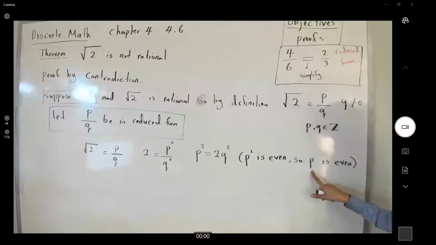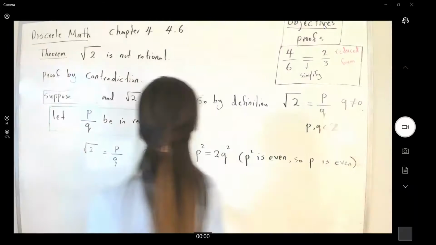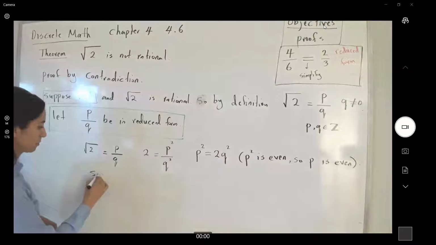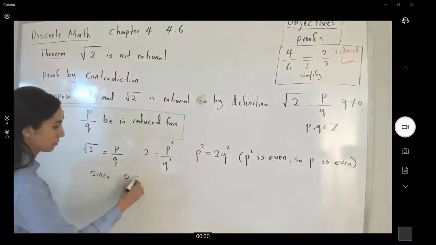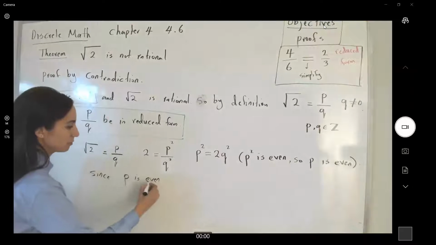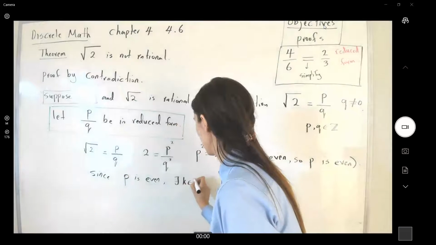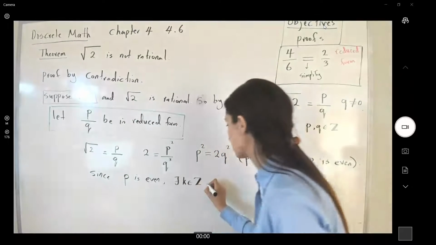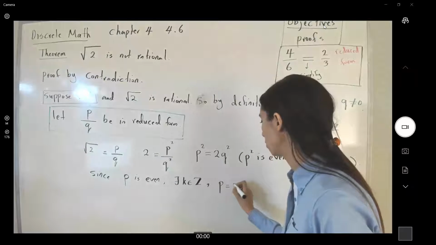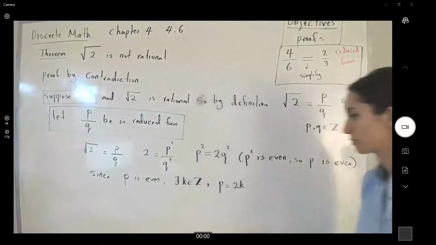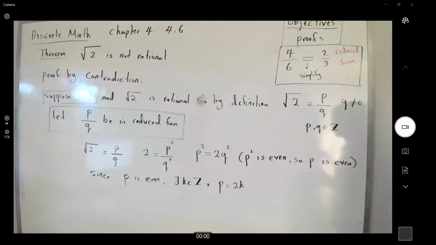Since P is even, there is an integer k such that P is equal to 2k. Okay, perfect.